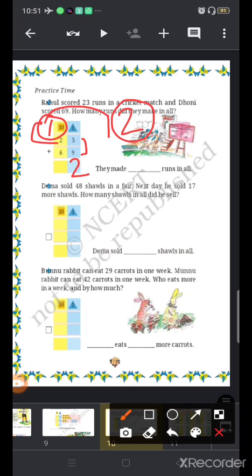Got it? Okay. Now 2 plus 1 is equal to 3 and 3 plus 6 is equal to 9.